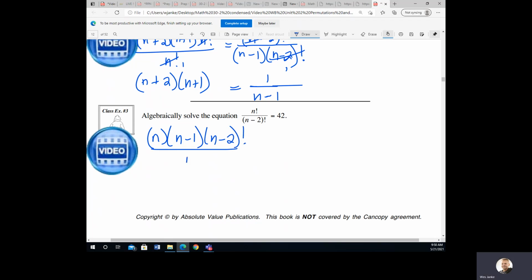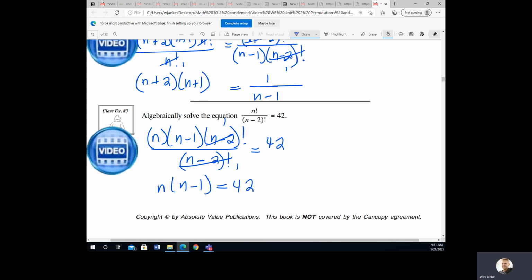On the bottom I have n minus 2 factorial, and this equals 42. So I can cancel the factorial with the factorial, and now I have n times n minus 1 equals 42.